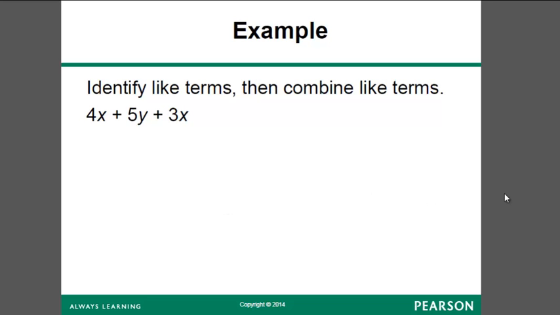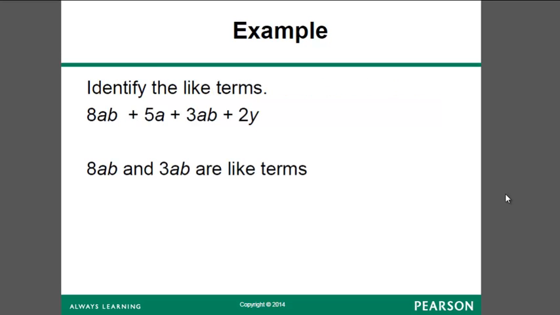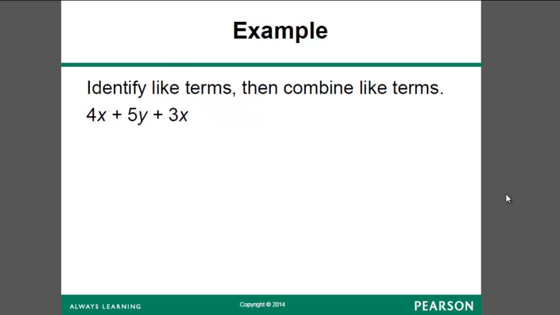Let's look at these. Identify like terms, then combine like terms. In the previous example, it just wanted me to identify the like terms. This one actually wants me to combine the like terms. So I've got 4x plus 5y plus 3x. This term has an x, this term has a y, this term has an x.